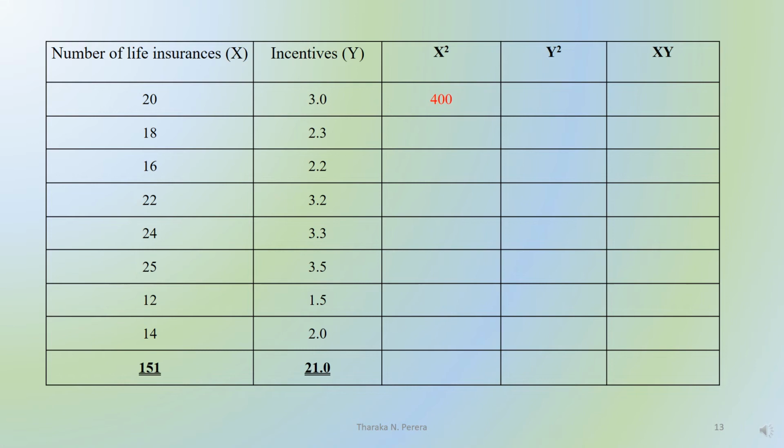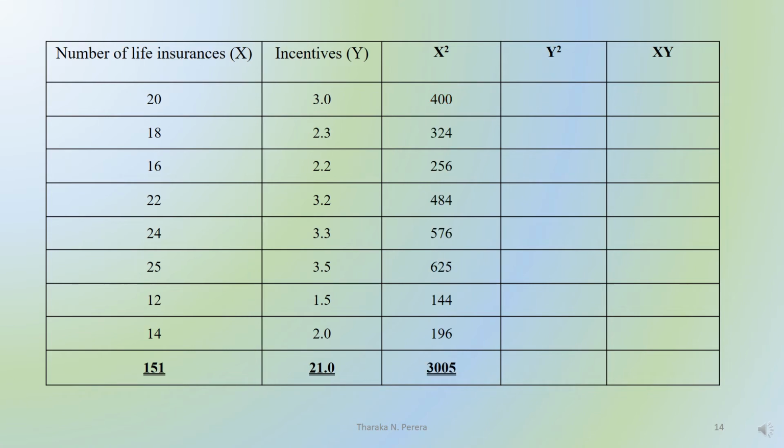And the square of 18 equals 324, and so on. And then get the summation of this column to get sigma x squared. Here it is 3005. And next we have to fill the y squared column. The first value of y is 3 and the squared value of 3 is 9. Likewise, we can fill the y squared column.